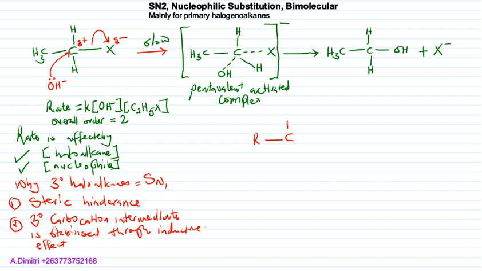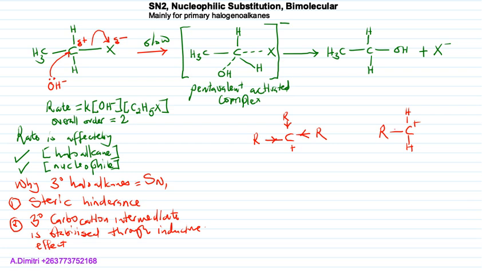We have three alkyl groups compared to this primary. An alkyl group is able to diminish the electron deficiency on the carbocation, the electron deficient carbon, by donating electrons through inductive effect.